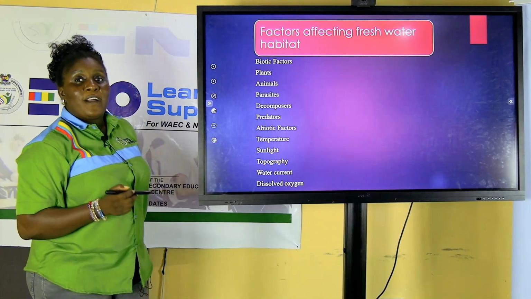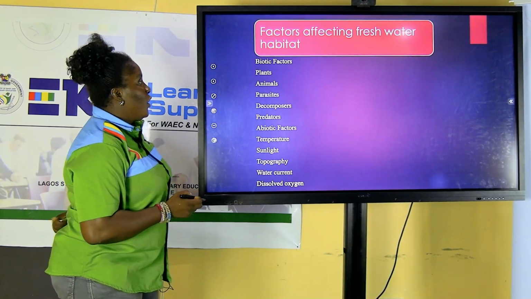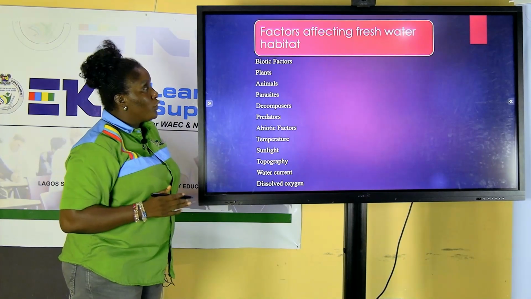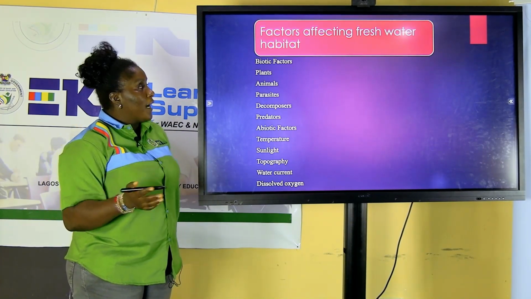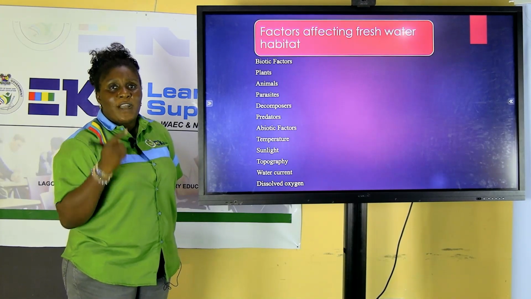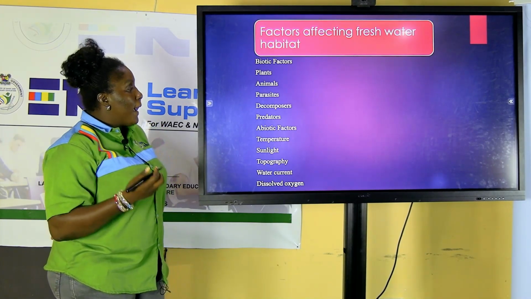So let's look at the factors affecting the freshwater habitat. We have the factors grouped into two. We have the biotic factors and the abiotic factors. When we say biotic factors, these are just the living factors affecting a habitat.